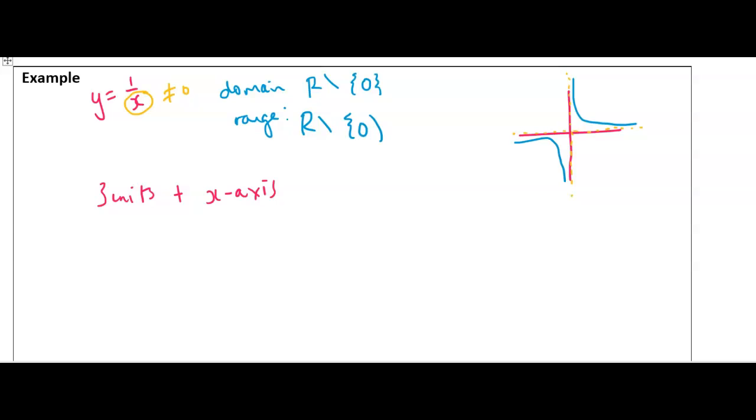Now I'm just writing shorthand. You should write the whole thing. And 2 units in the negative direction of the y-axis.